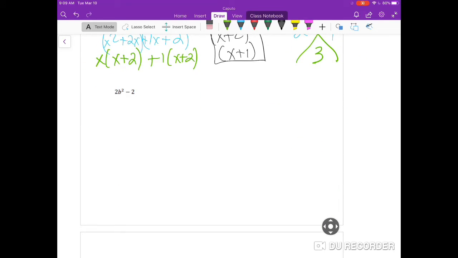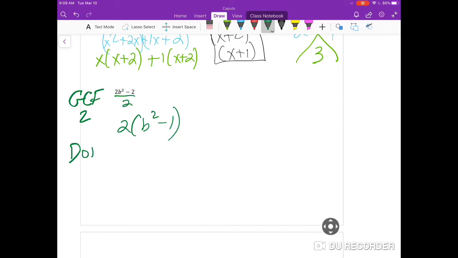So, number 2, always look for GCF. And in this case, my GCF is a 2. So I'm left with b squared minus 1. All right, it's not a trinomial, so from there I'm going to look for dots, because I have a minus sign and perfect squares. Okay, so look for your squares.